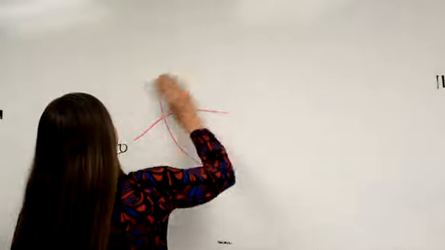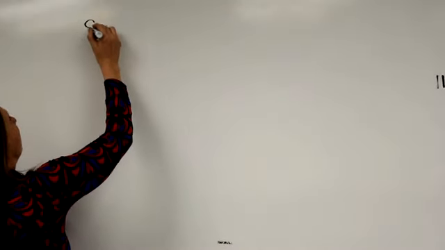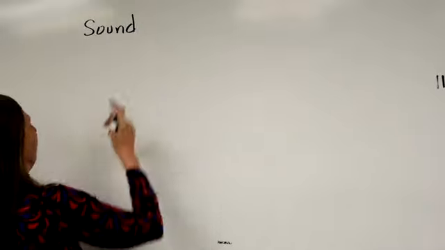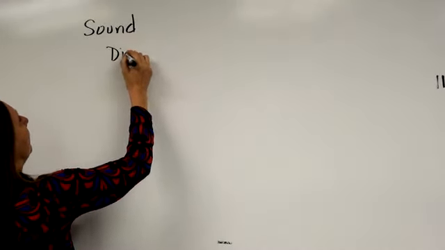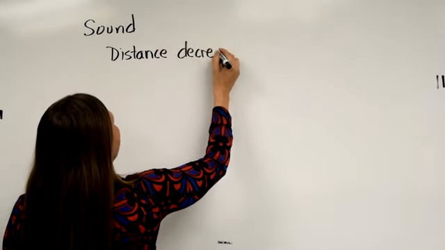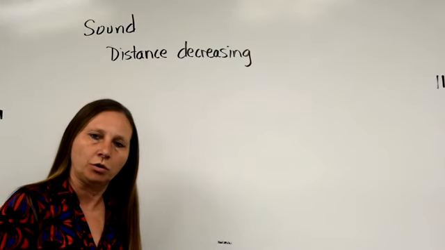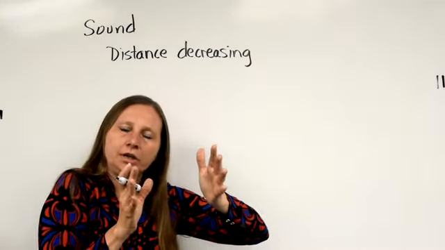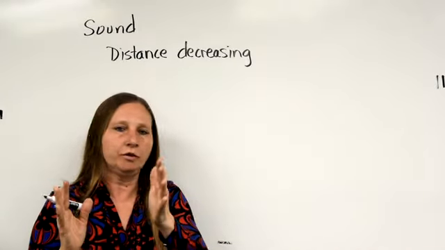All right, quick little review. In terms of sound, if the distance between the observer and the source is decreasing, in other words, they're getting closer together, it doesn't matter if the person is moving toward the source or the source is moving toward the person.